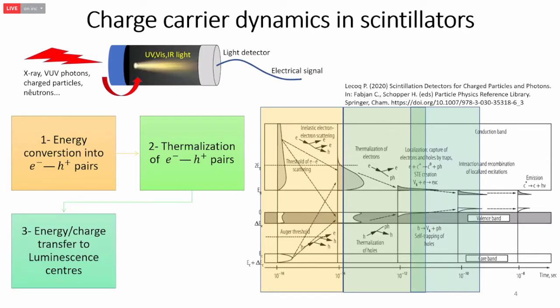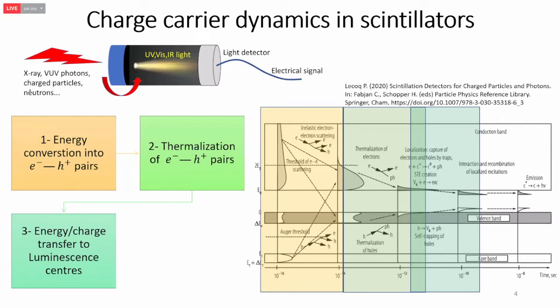Then you have the energy transfer from the charges to the luminescence center. It means in some way this charge has to transfer the energy to whatever is going to generate the light. There we have a lot of different possible mechanisms.